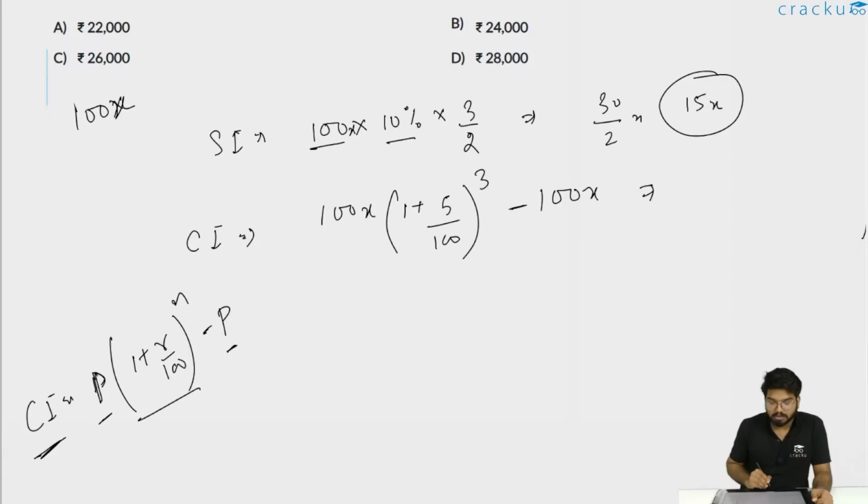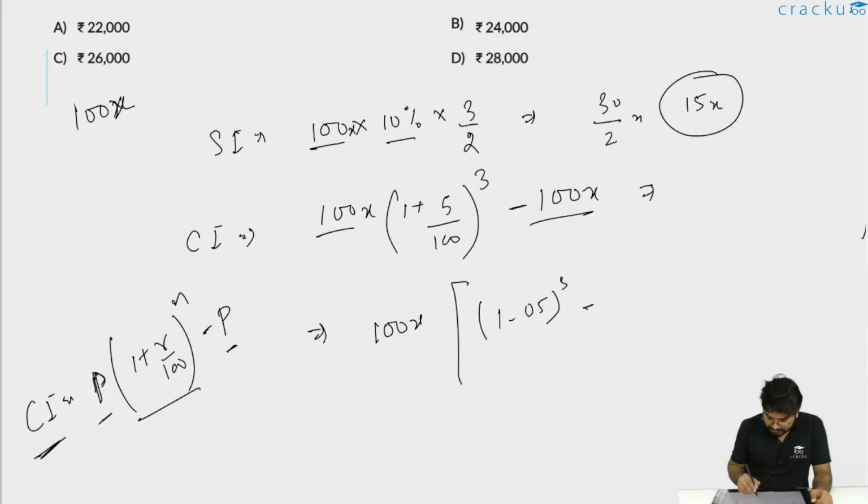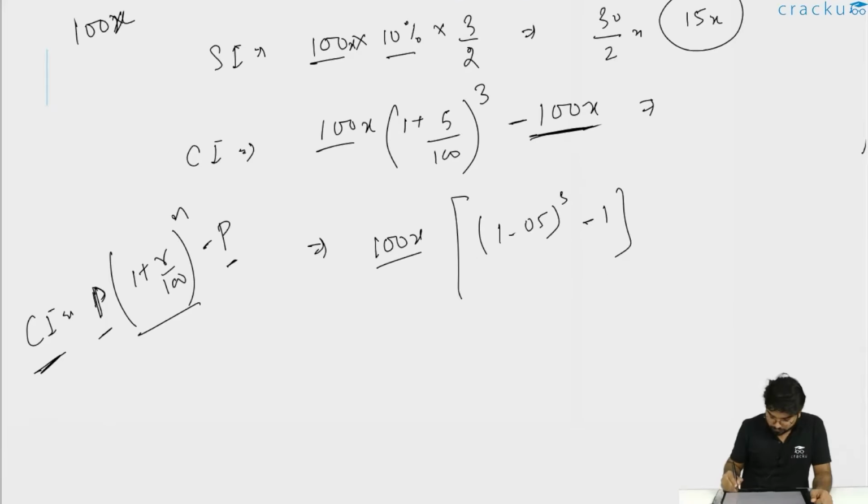This will give me our compound interest, or 100x taking common, we have 1.05 cubed, because 5 divided by 100 is 0.05, minus 1, because 100x is taken common.